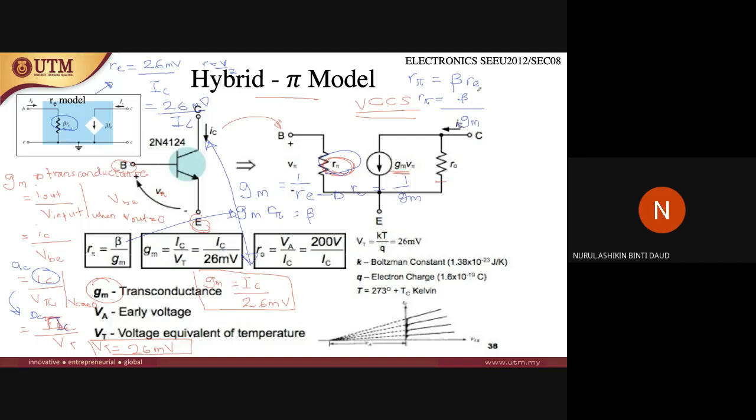That's why r pi is beta over gm, because this r pi and this beta re are what we are comparing together.